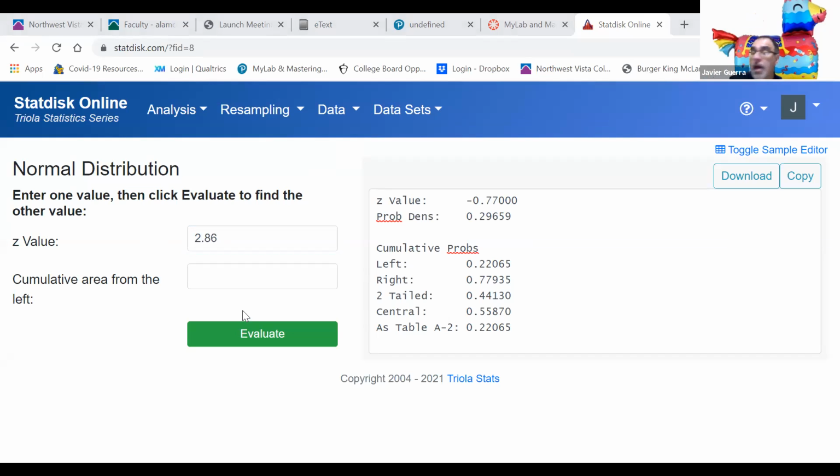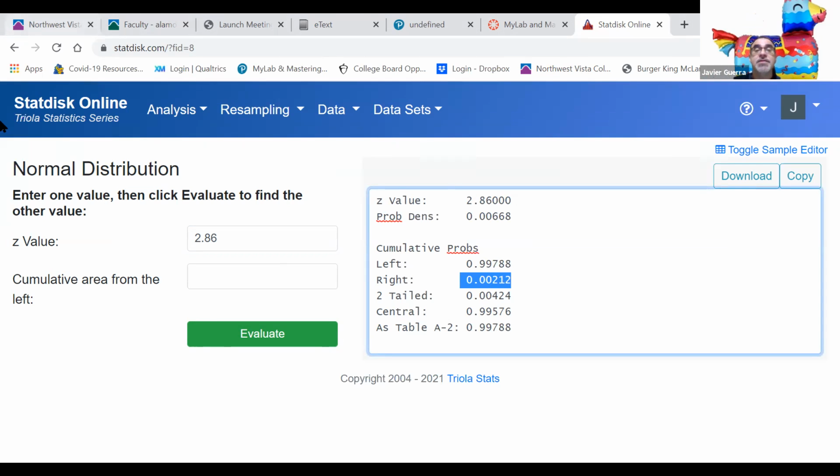I'm gonna hit evaluate, right? And because I shaded to the right, I'm going to get the right area. There it is. Boom, I got it, rounded to 4 places.